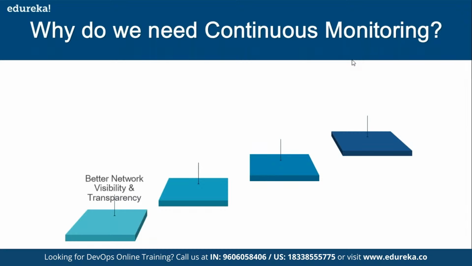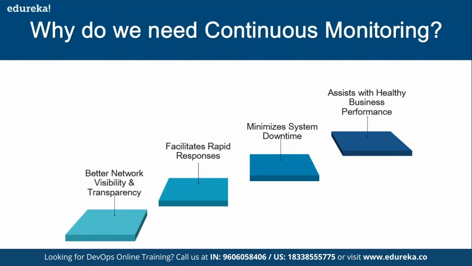Continuous monitoring offers DevOps teams clarity on the state of the infrastructure by automatically collecting and analyzing the data, to reflect possible outages and important trends. It also facilitates rapid responses, which is the primary aspect of continuous monitoring.